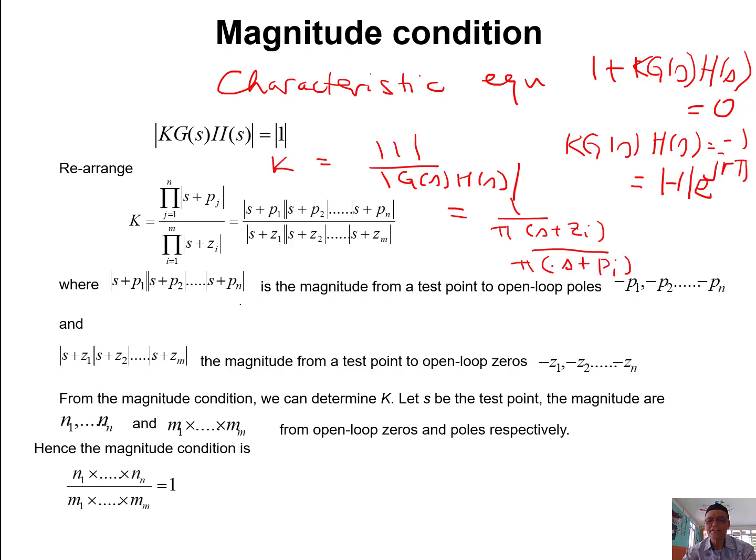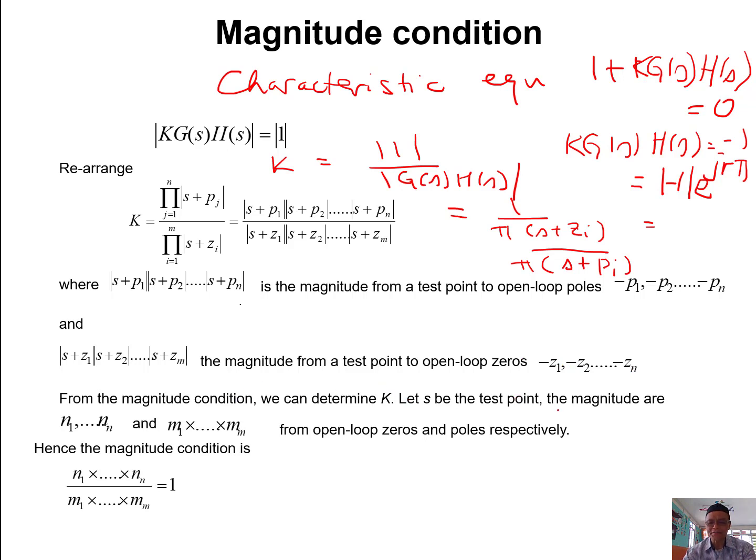Then if we rearrange this, the terms |s plus p1|, |s plus p2| are the magnitudes from a test point to the open loop poles at minus p1 and minus p2, and |s plus z1| is the magnitude from the test point to the zeros at minus z1, minus z2 and so on. From this magnitude condition we can determine the value of K.